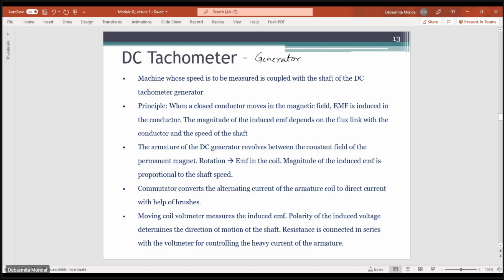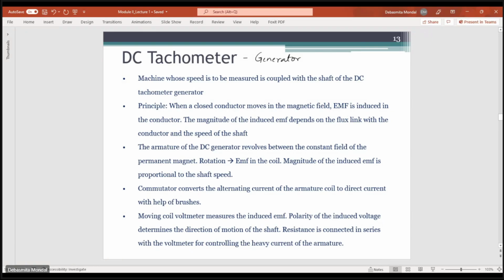For this, the commutator and brush work hand in hand. We use slip ring kind of commutators, which convert the alternating current in the armature coil to direct current. Once it is converted from an AC signal to a DC signal, the DC value of the voltage is measured by the moving coil voltmeter present in the electrical circuit.